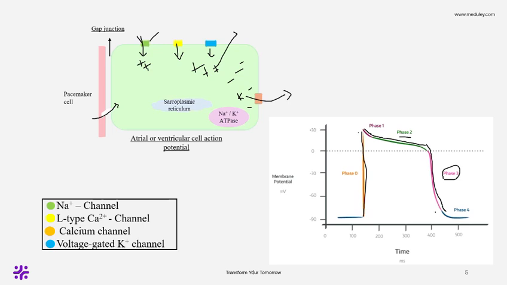And this resting membrane potential is maintained for a while with the help of a pump, that is the sodium potassium ATPase pump. This pump moves sodium out of the cell and potassium into the cell. So that's how the myocardium cell maintains the action potential and causes depolarization and repolarization.